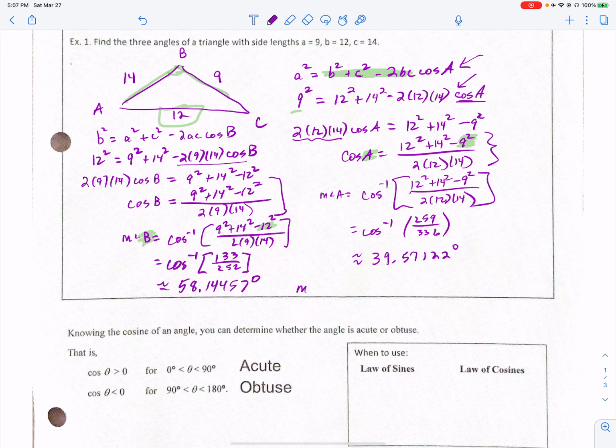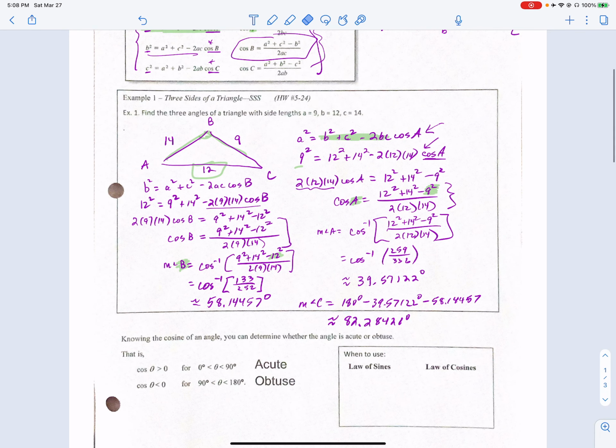And then to find the measure of the third, you can take 180 degrees minus the 39.57122 and minus the 58.14457. And that comes out to 82.28421. You need to practice those on your calculator. Trust me, people make errors on getting those all set up.